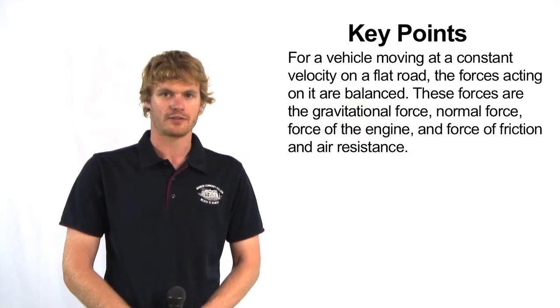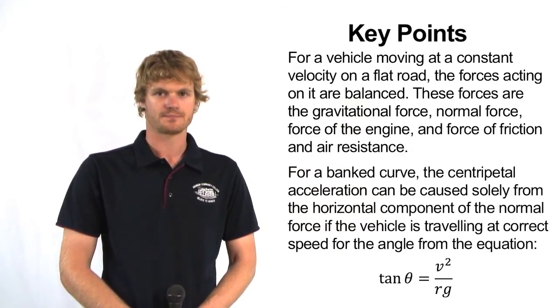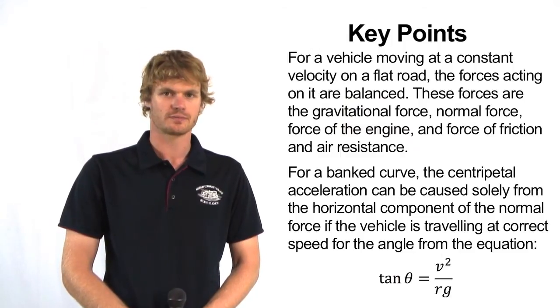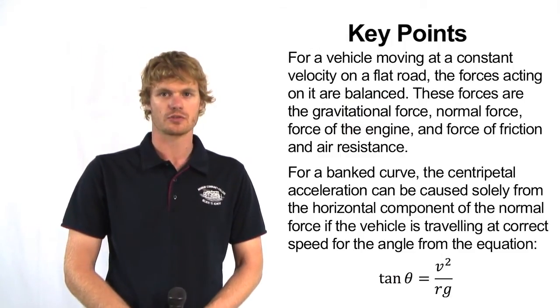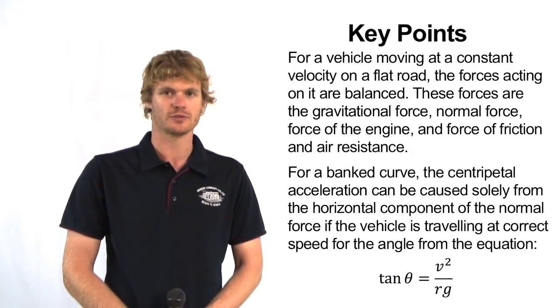In a banked curve, we have the force due to gravity, the normal force, and the horizontal and vertical components of this normal force, because remember, the normal force is perpendicular to the road surface.